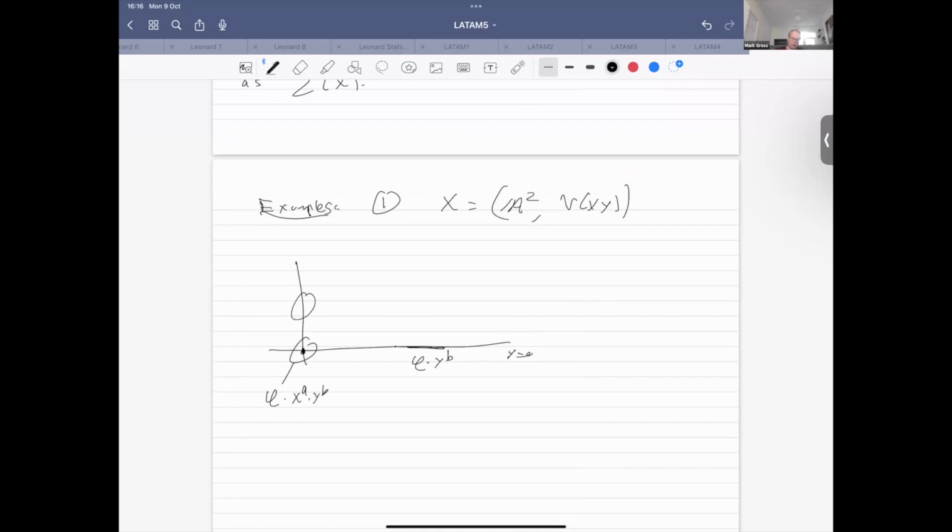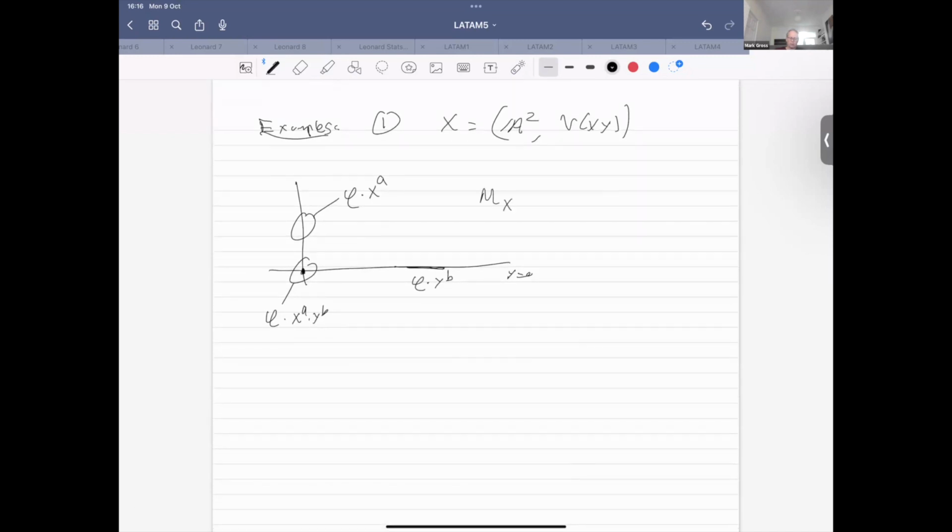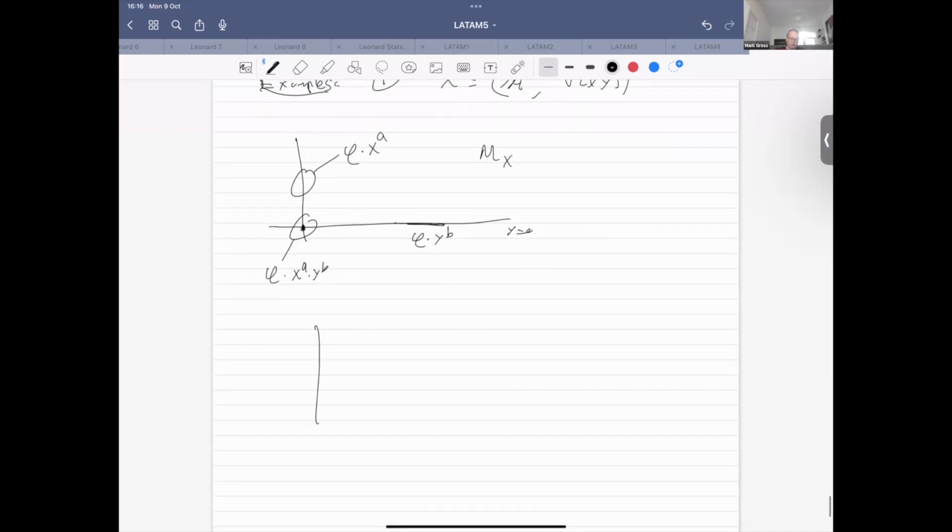And over here, sections look like phi times x^a. Now, if we divide out by invertible functions, at the level of M bar, all I do is remember the exponents.